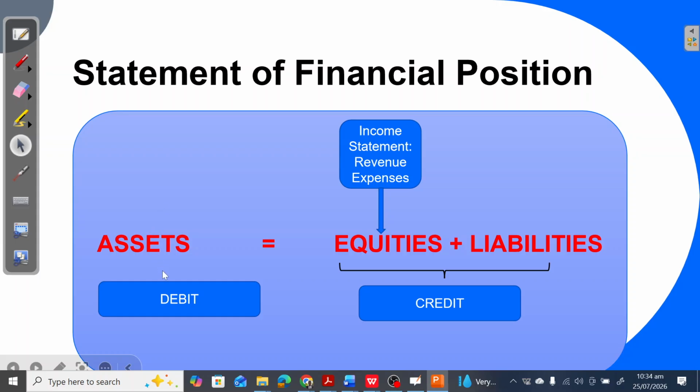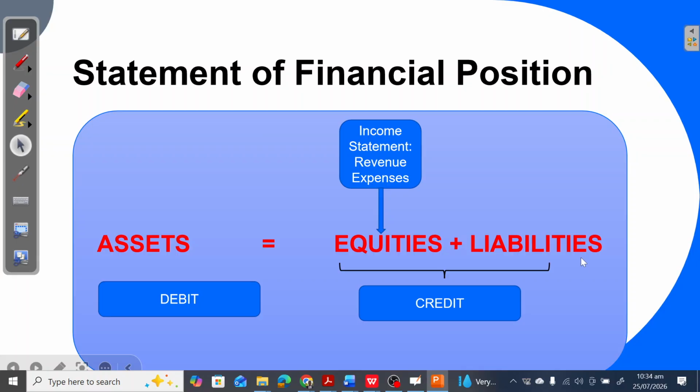As far as assets are concerned, debiting means we are increasing it, but debiting equity and liabilities means we are reducing it. And for assets, when we are reducing it, we credit it. So it is a little bit confusing.